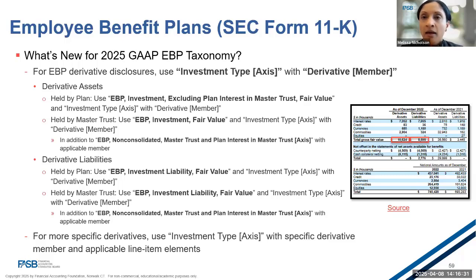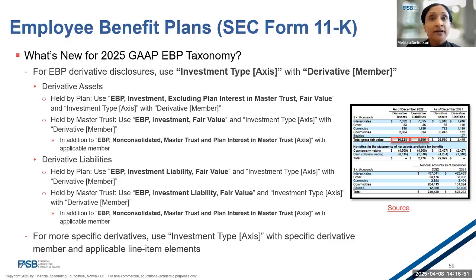So if the derivative assets are held by the plan, the expectation, so for that 10.624 that you see screenshot off to the right here, that is intended to be tagged with the EBP investment excluding plan interest and master trust fair value line item element with the investment type axis and a derivative member.